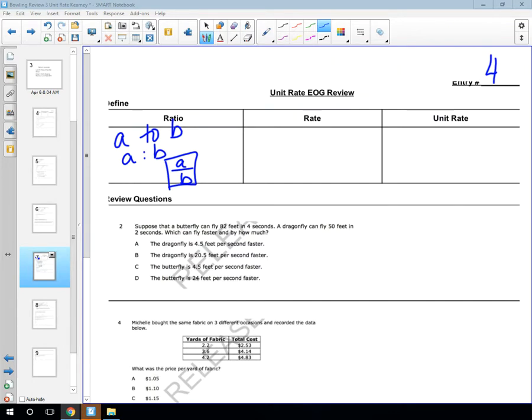So a rate is very similar to a ratio. A rate is actually a ratio. What makes a rate instead of a ratio is it's a ratio that actually compares two quantities using division.